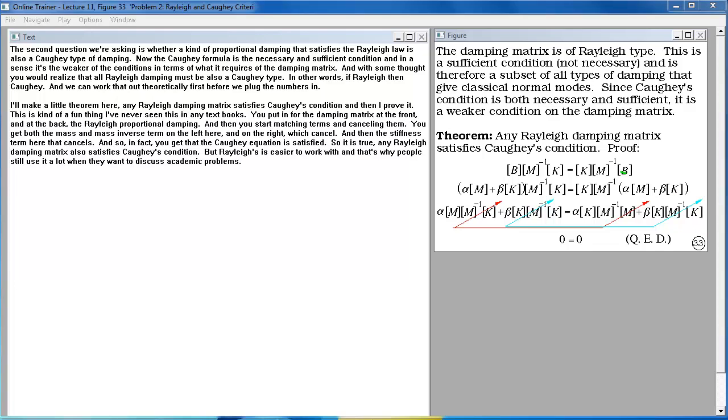You get both the mass and mass inverse term on the left here and on the right, which cancel, and then the stiffness term here that cancels. And so in fact you get that the Caughey equation is satisfied. So it is true, any Rayleigh damping matrix also satisfies Caughey's condition. But Rayleigh's is easier to work with, and that's why people still use it a lot when they want to discuss academic problems.